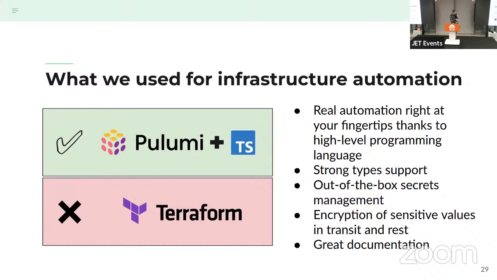And great features from the engineering point of view, which Terraform lacked and Pulumi had, was the real engineering experience, like real automation with a high-level programming language, out-of-the-box secret management tooling, and end-to-end encryption out of the box of the sensitive values in transit and at rest. So this is pretty powerful. It's not like I don't like Terraform anymore and I won't work with that, but I definitely recommend to give Pulumi a try.